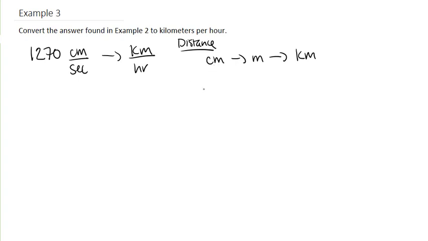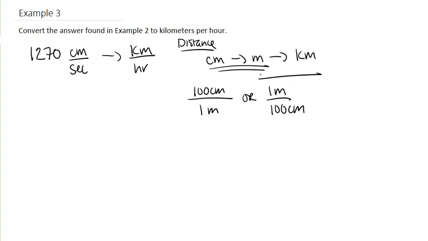So the conversions we can use is then centimeters to meters. That conversion is 100 centimeters is equal to 1 meter, or 1 meter over 100 centimeters. Next, we need to go from meters to kilometers. So we have 1,000 meters is equal to 1 kilometer, or 1 kilometer over 1,000 meters.